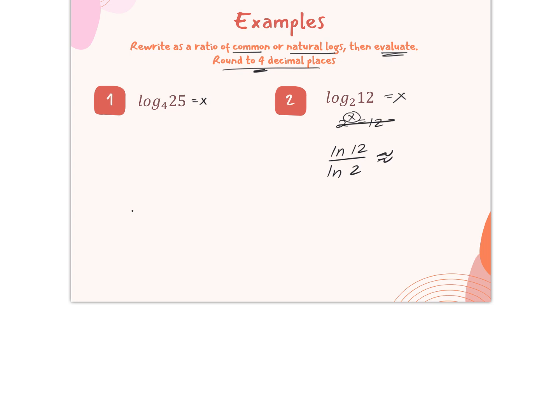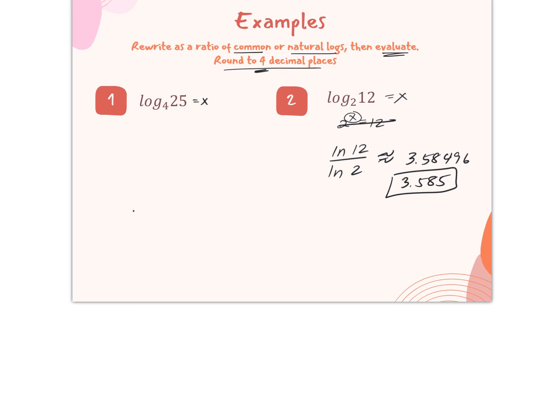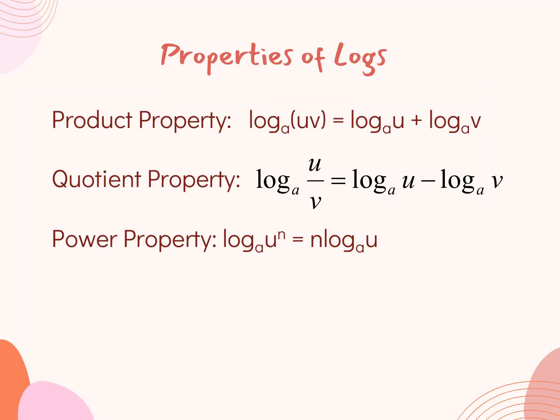If I divide that by the natural log of 2, which is 0.693 something, I'm going to get 3.58496. That rounds to 3.585, and that's my approximate answer, okay? Make sure that you can solve it and get those solutions.